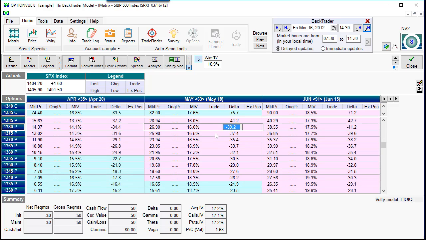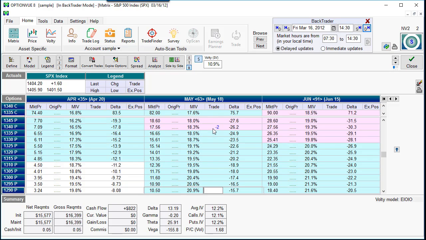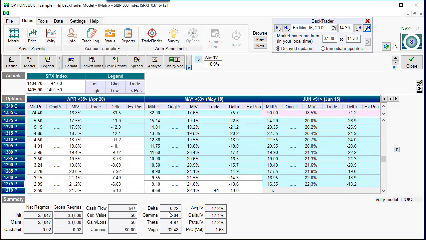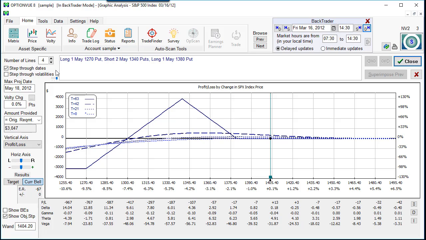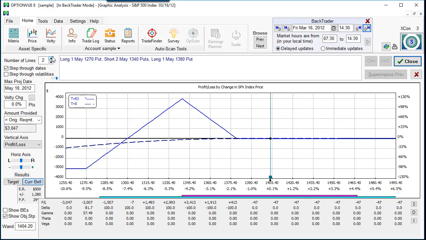I'm going to set it up the exact same way. 1 at 39, 2 at 26, 1 at 13. Delta neutral, theta positive, $3,000 of a trade to start out, putting us in this kind of a format. Okay, good flat T plus 0 line, 63 days to expiration.